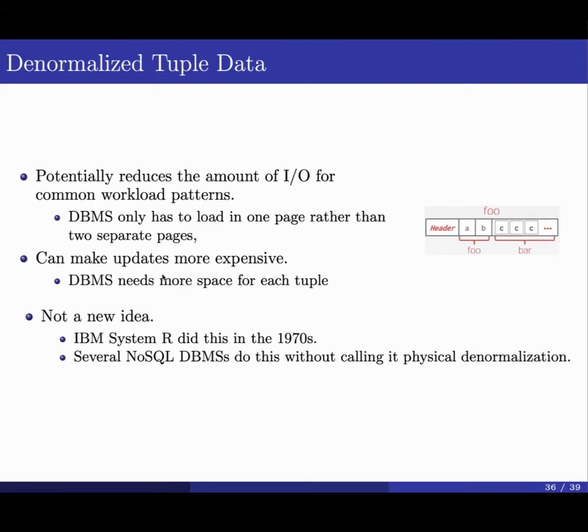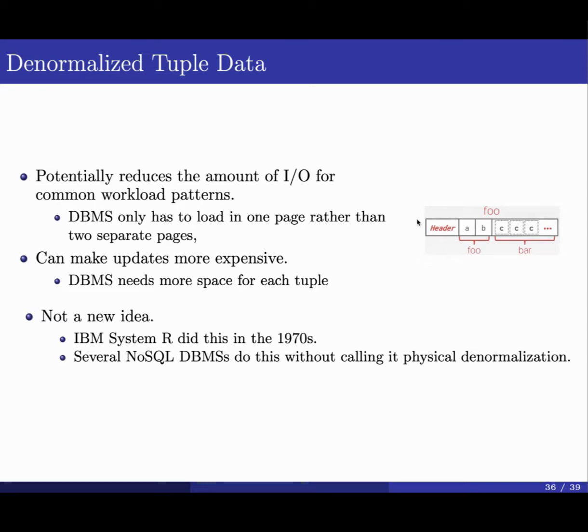Okay, the disadvantage of using this structure is that it makes the update more expensive. Why in this case? Because generally speaking, sometimes when you update, you may need to update only a value or attribute that belongs either to foo or bar. In this case, every time you fetch one block, it's going to have fewer tuples. That means I'm required to do a larger number of disk input/output operations.